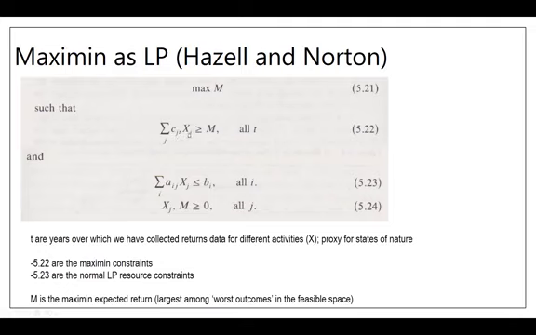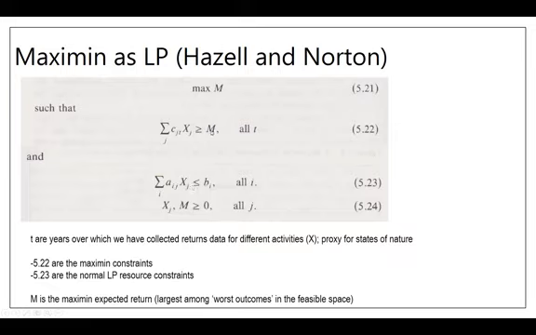XJ then would be the choice we can make now, and M is the maximin expected return. It is the best among the worst outcomes. What this is saying is go through the history of outcomes that have been observed, make XJ a non-negative choice variable, and make it fit with the technology constraints or the resource constraints of the firm here.